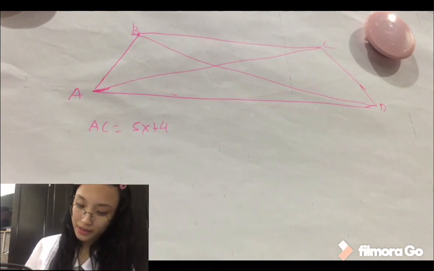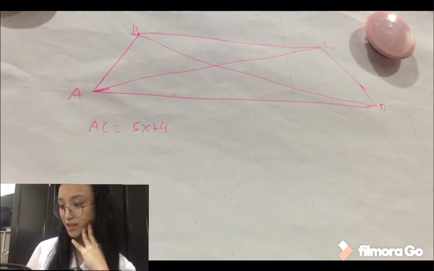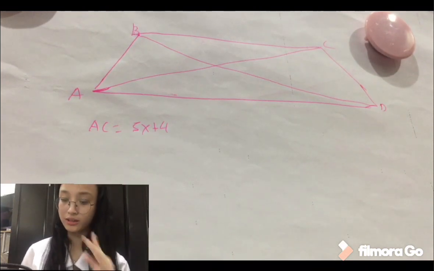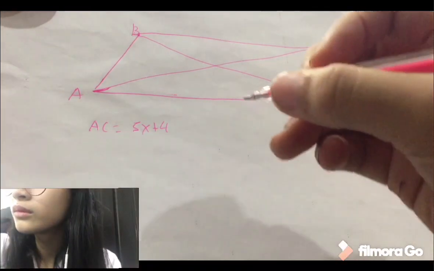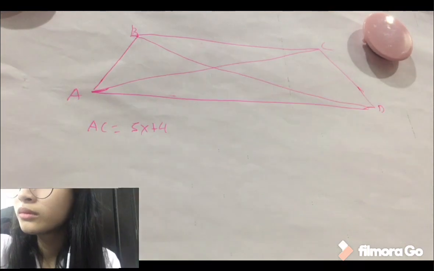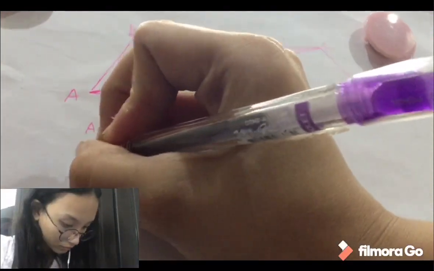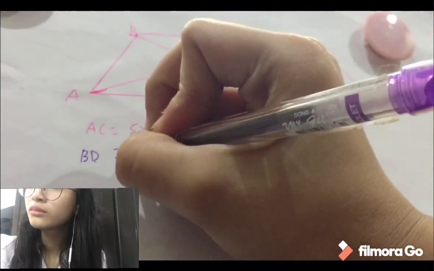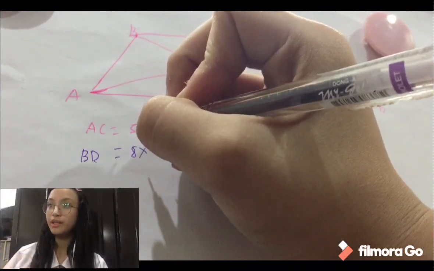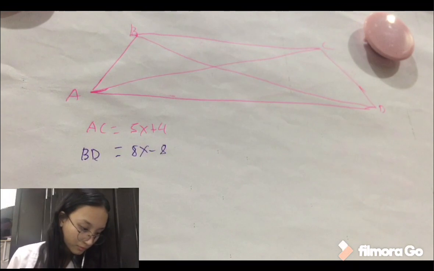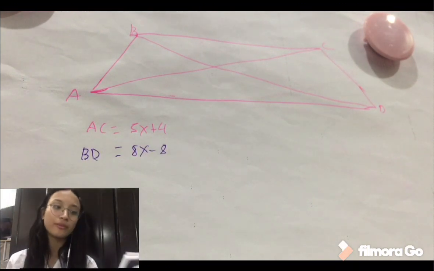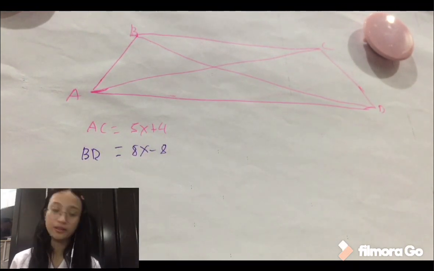Now, let's say BD is 8x minus 8. So with this information, what is the measure of AC?